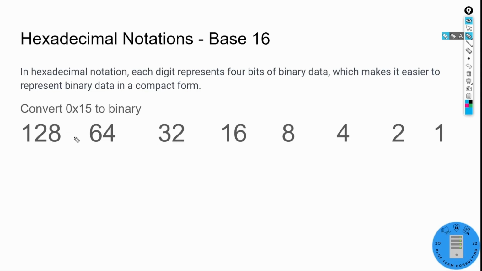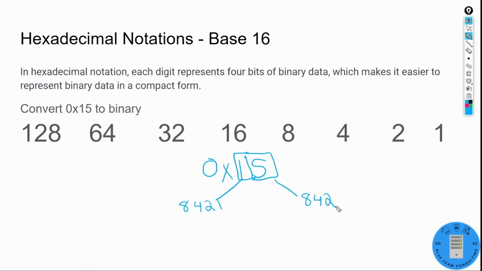So we have our number system of 128 through 1, but when it comes to hexadecimal, we're going to have a different approach. We're going to break up the 1 and the 5. And then the 1 is going to get its own set of 8, 4, 2, and 1, and the 5 will get its own set of 8, 4, 2, and 1.